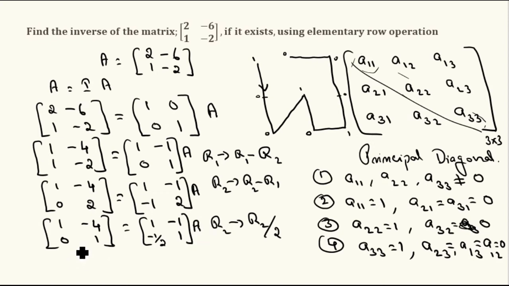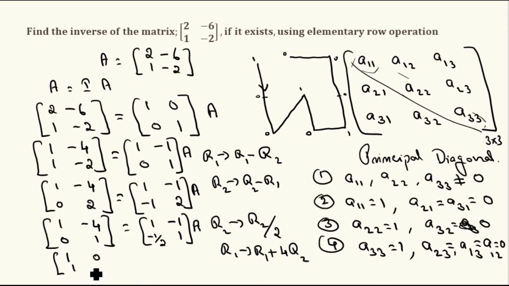Now this here, what has to be made now? 0. So R1 equal to R1 plus 4 times R2. See, 1 plus 4 times 0, 1, minus 4 plus 4 times 1, that is 0.